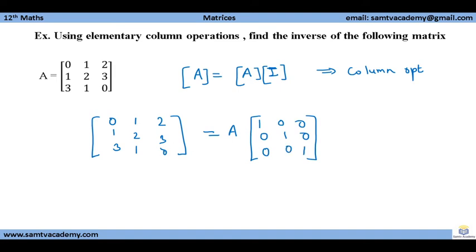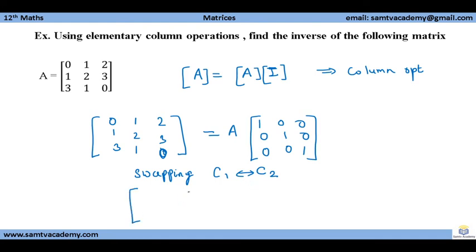Now first we will perform the operation, that is swapping, that is interchanging. What can we interchange? We want 1 in this place, so we can interchange C1 and C2. So C1 is replaced with C2 and C2 is replaced with C1.